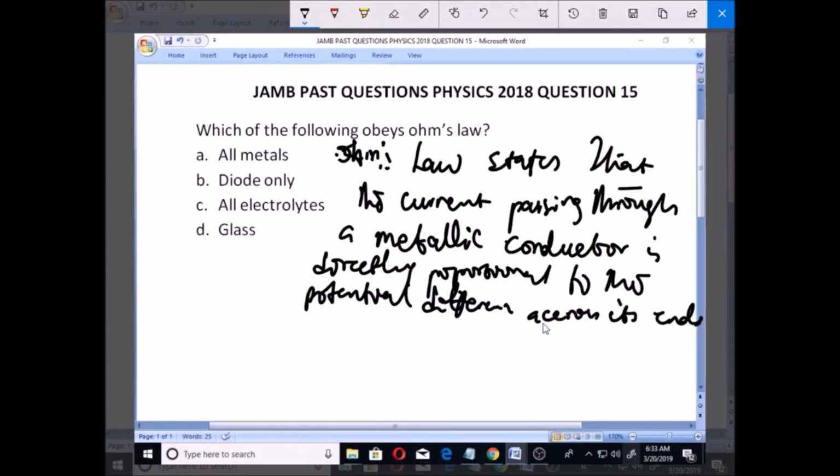That is the statement of Ohm's law, that the current passing through the metallic conductor is directly proportional to the potential difference across its ends.